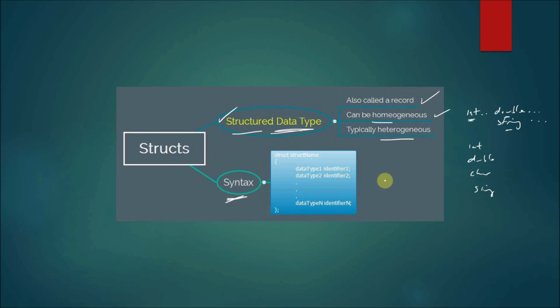Here's the syntax for a struct definition. You would say struct, the struct name, then a data type and the identifier, such as int salary, or string first name, string last name.